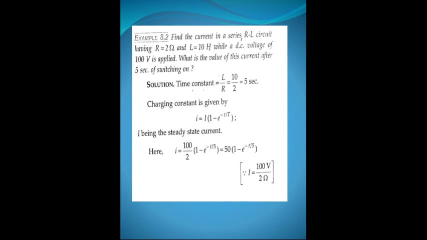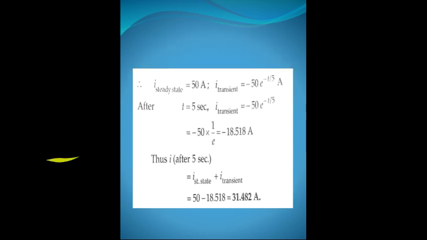We have to find the value of current at t is equal to 5 seconds. So i steady state is equal to 50 ampere, i transient state is equal to minus 50 e to the power minus t upon 5 ampere. At t is equal to 5, transient current is equal to minus 50 e to the power minus t upon 5, that is minus 50 upon e.